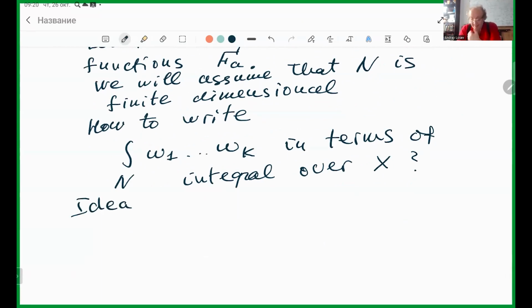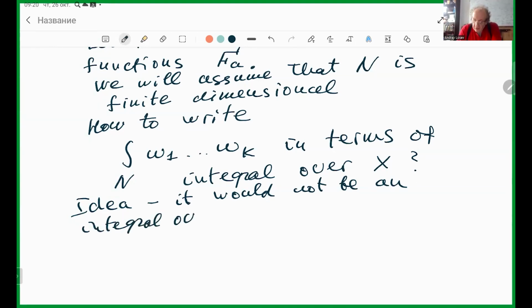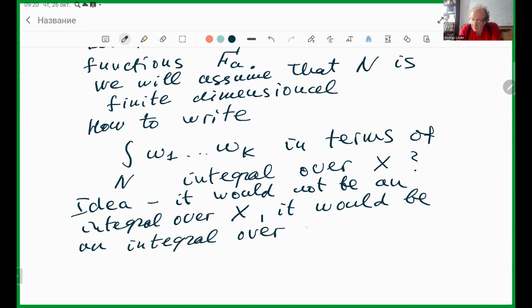Idea: it would not be an integral over X, but over some supermanifold.